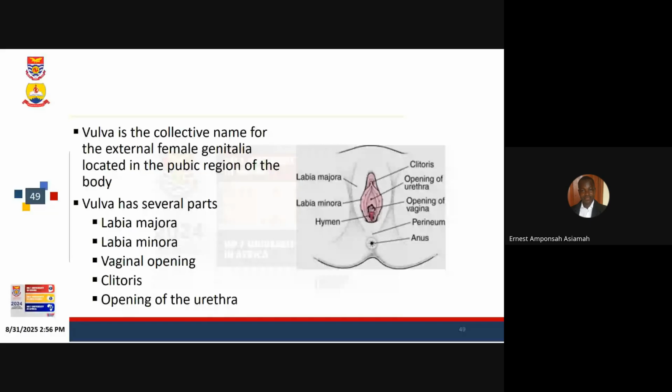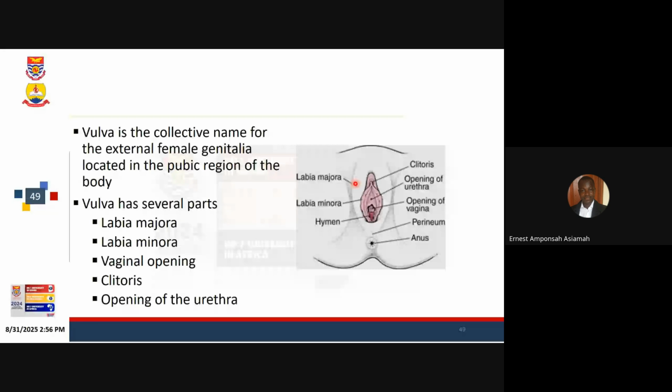Then we look at the external genitalia, which is the vulva. The vulva is a collective term for the external genitalia, and it is located within the pubic region.